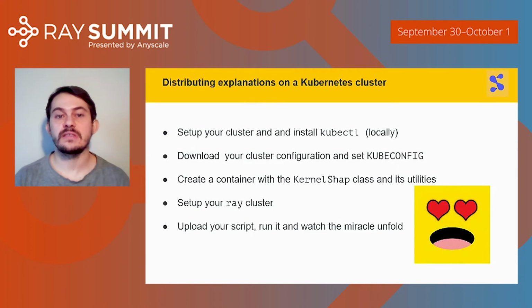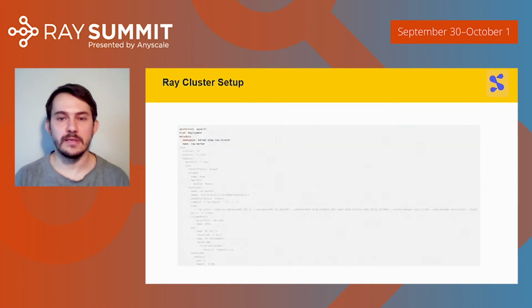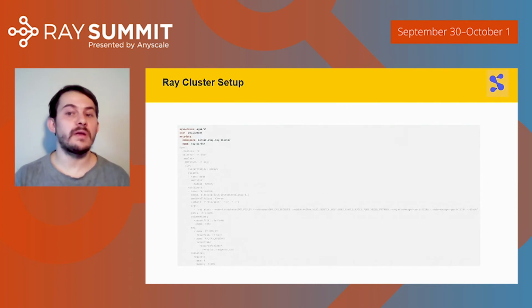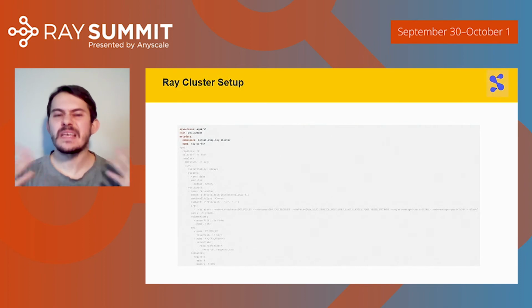All you need to do is set up your Ray cluster. So I'm just going to take you very quickly through how we did this. You may know that a Ray cluster consists of a Ray head node and worker nodes. We configured both of these as deployments, which are resources capable of scaling the image that you want to run in Kubernetes.